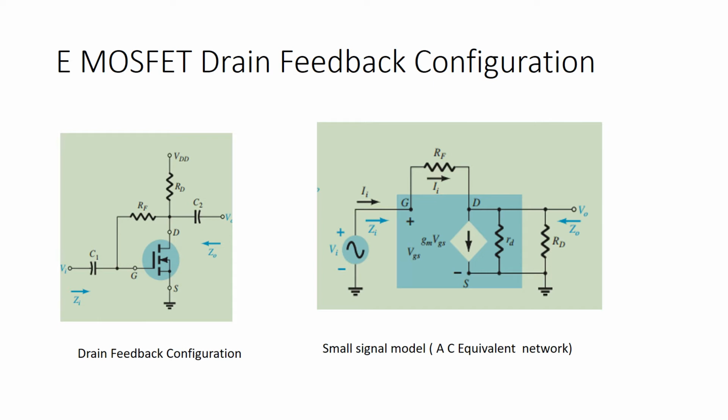Later you connect the external components in the AC circuit model: RF is between the drain and the gate terminal, and resistance RD is between the drain and the ground terminal.